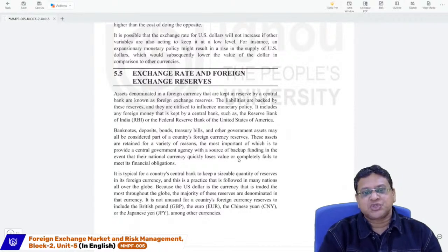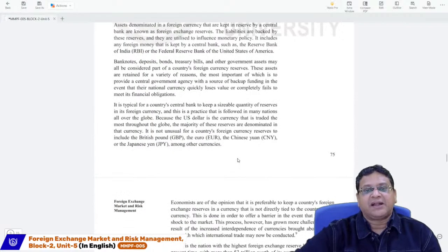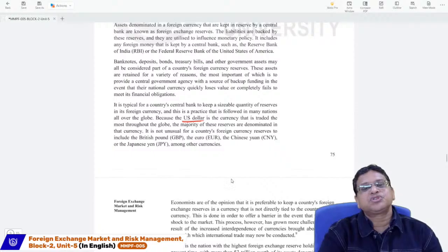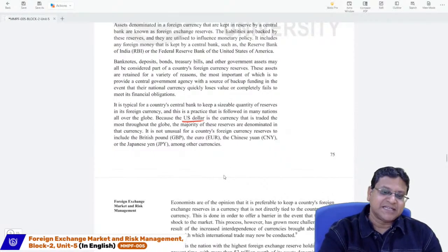Each country has to keep a sufficient amount of foreign currency as a reserve. The most used foreign currency for the purpose of reserve is the US dollar. It is the internationally accepted currency. Therefore, most countries keep US dollar in their reserve.